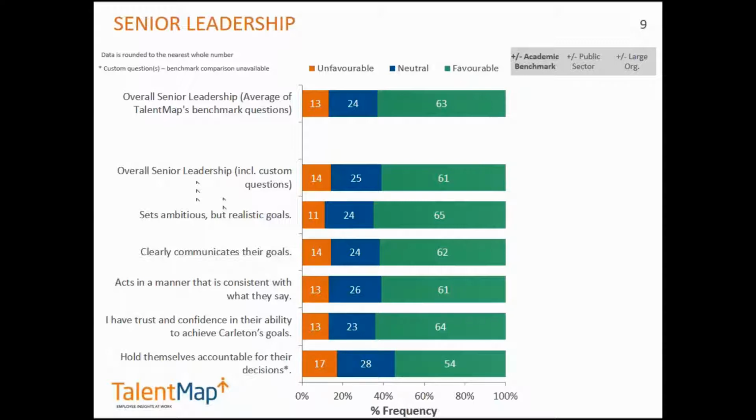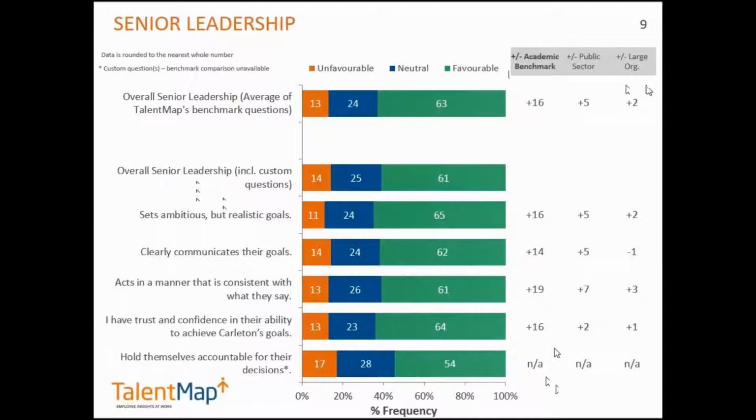Now I'm going to show you the comparison to some real benchmarks. Three in particular: one for the academic sector, one for the general public sector, and one for large organizations. And all of a sudden, how do you interpret this data? Now you see, hey, 63%, we're 16% higher than the benchmark.